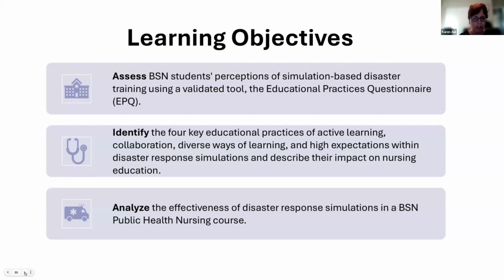The second learning objective was to identify the 4 key educational practices of active learning, collaboration, diverse ways of learning and high expectations within disaster response simulations and describe their impact on nursing education. And these 4 key educational practices are actually part of the tool. And the third learning objective was to analyze the effectiveness of disaster response simulations in a BSN public health nursing course. Can you advance?